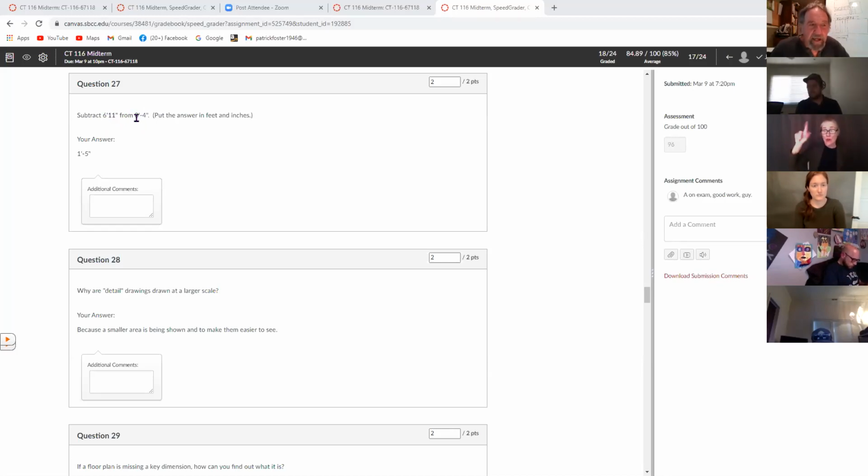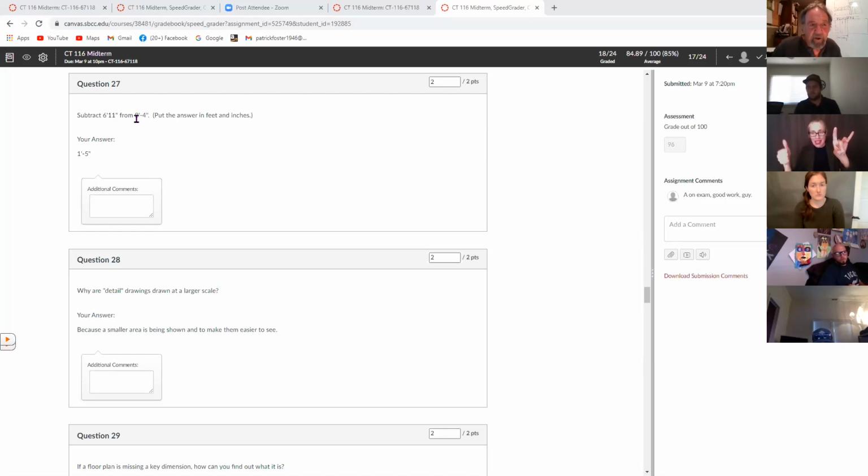And you can subtract 6 from 8. So yeah, it's bigger. But first you have to subtract the inches, and you can't take 11 inches from 4 inches. So that's the first problem. So we have to borrow, just like you did with decimals when you're a kid. You have to borrow units from the next division. So instead of tenths, this will be twelfths, because this is a 12 system.